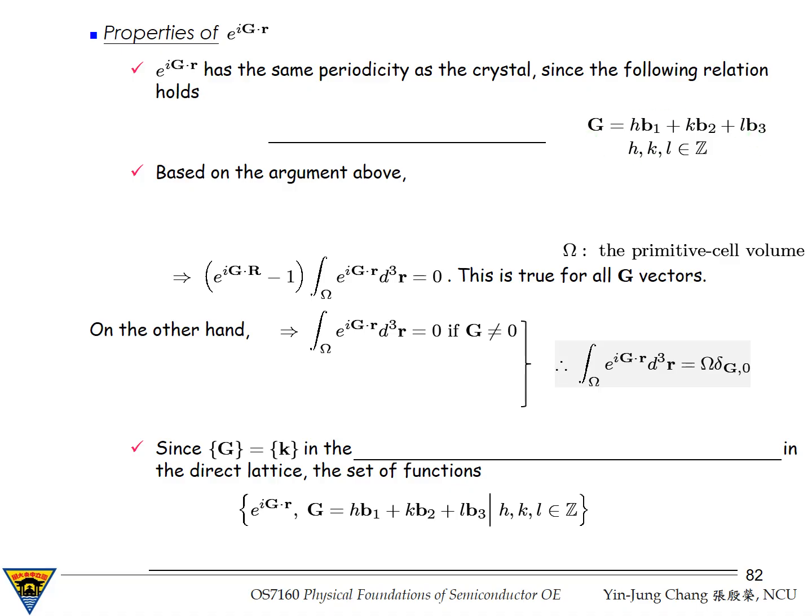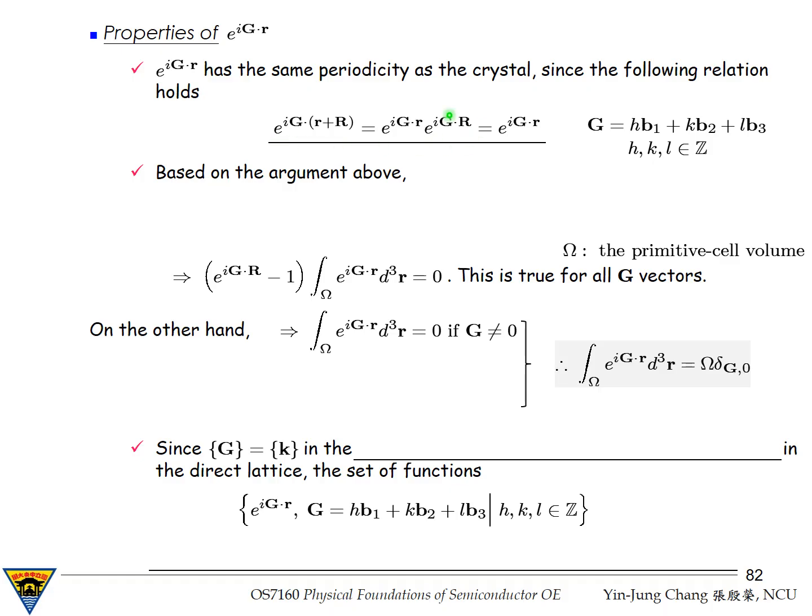The first important point is that e^(ig·r) has the same periodicity as the crystal. Why is that true? Let's translate the position by any direct lattice translation vector, capital R. Then we have the expression shown here.